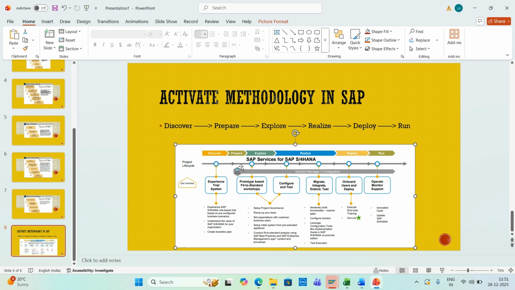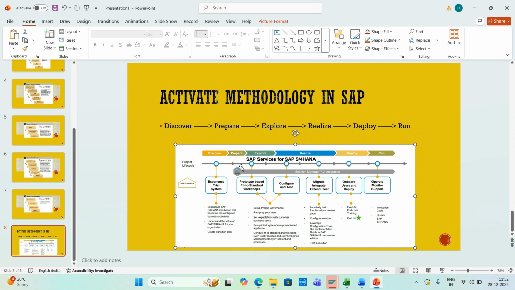Then configuration and testing, migration, and all the developments have to be done, and finally it has to be tested. In deploy, we are onboarding the users, training them, and deploying all the TRs, etc. Then the go live, and the final run, where ongoing monitoring and support has to be performed.